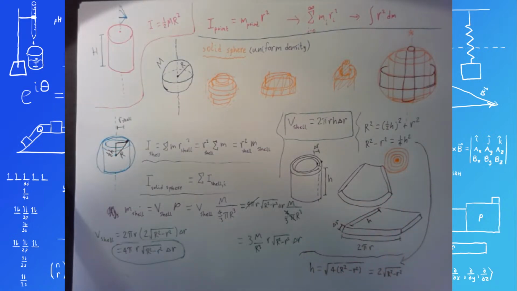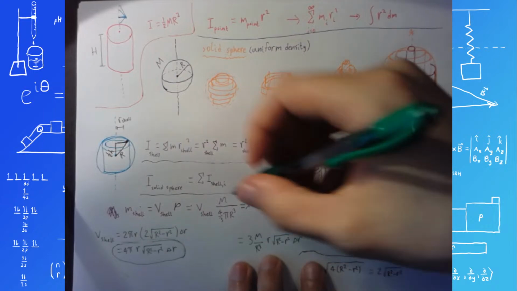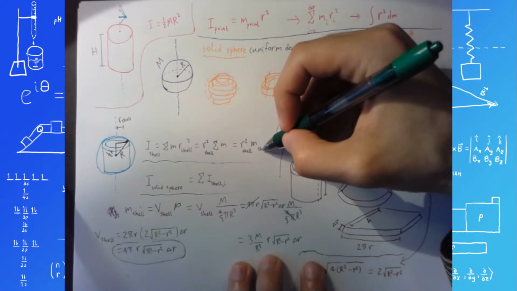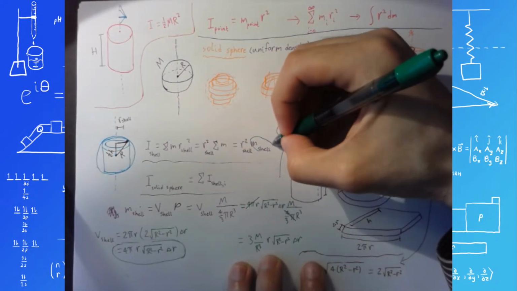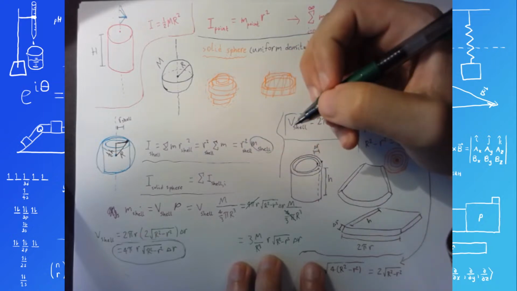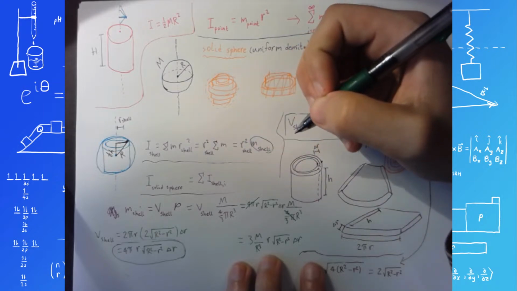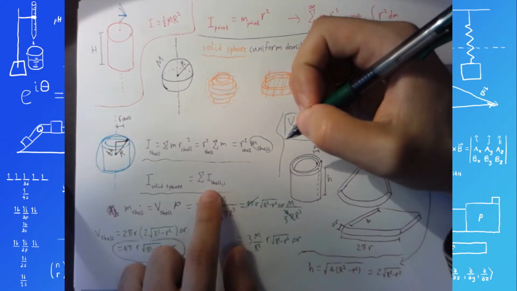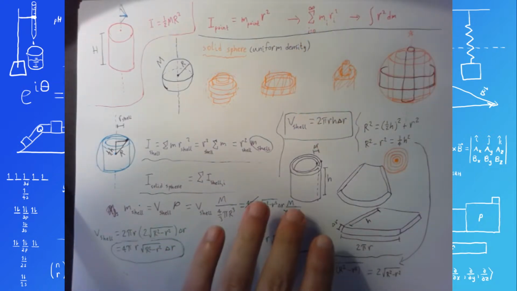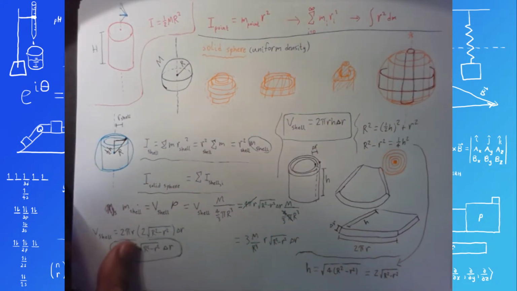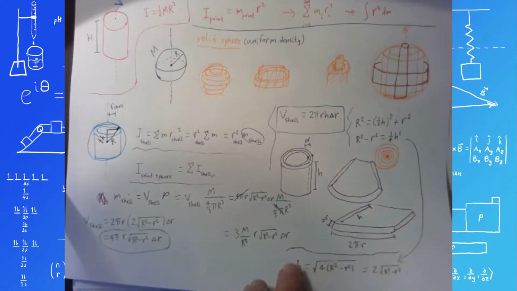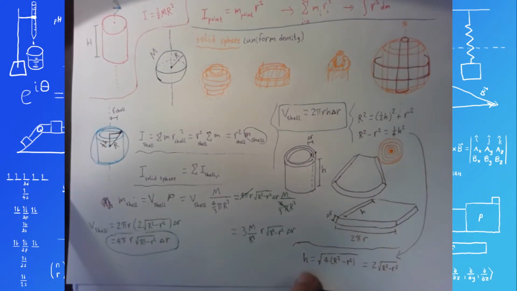Okay, so that is the mass of an individual shell. We need to take that and basically substitute it in here to get the moment of inertia for an individual shell. So I guess we'll continue that on the next page, because this is starting to look really messy.